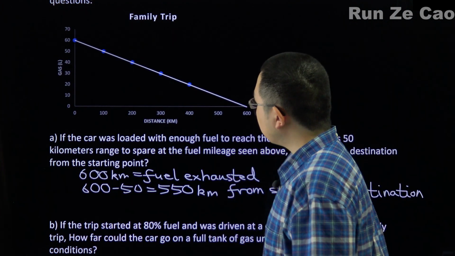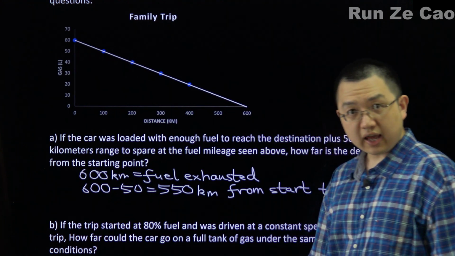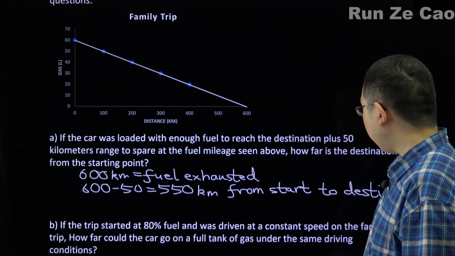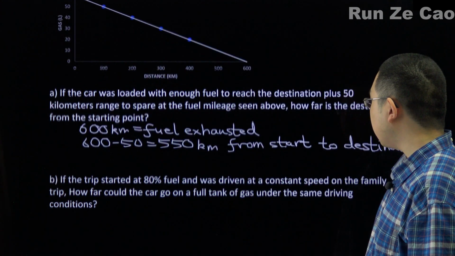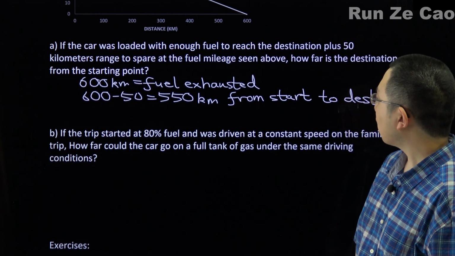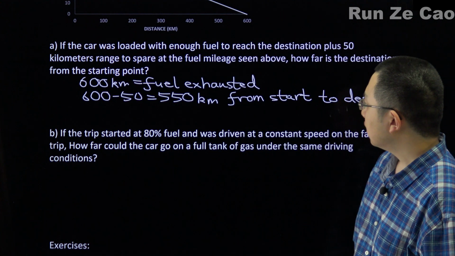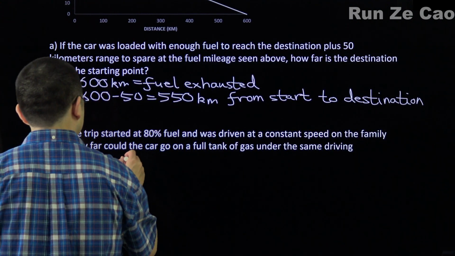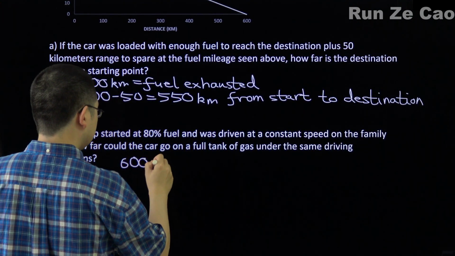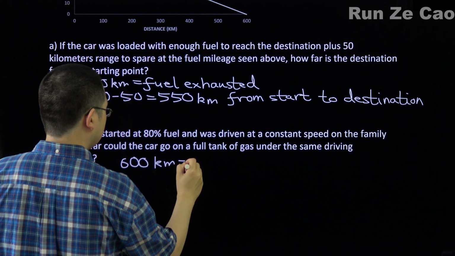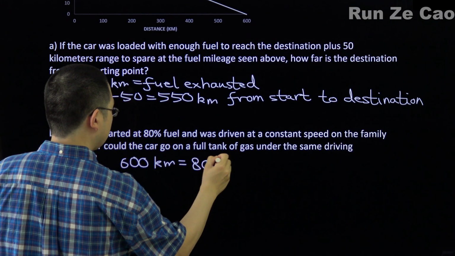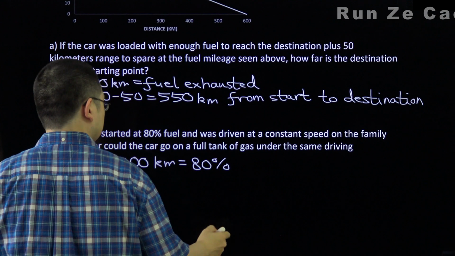Okay, if the trip started at 80% fuel and was driven at a constant speed on the family trip, how far could the car go on a full tank of gas under the same driving conditions? Well, 600 kilometers equals 80% max range.